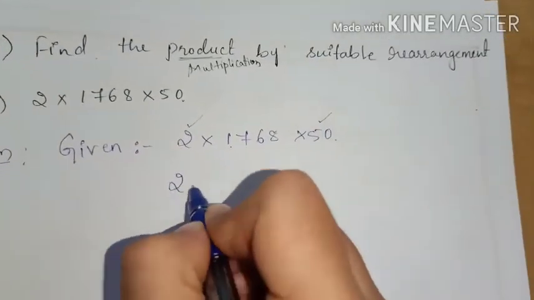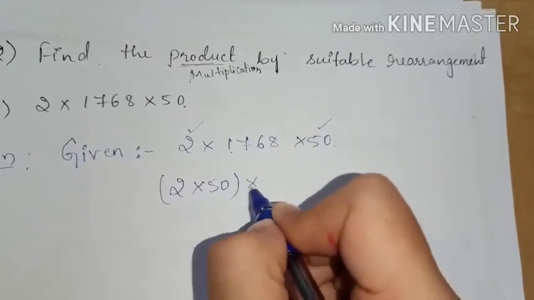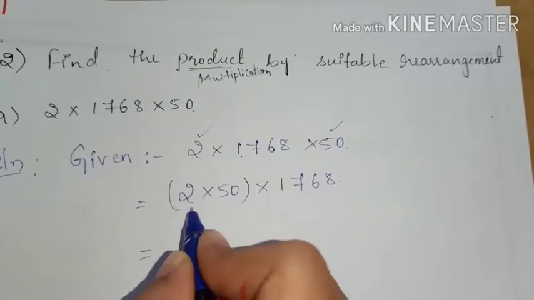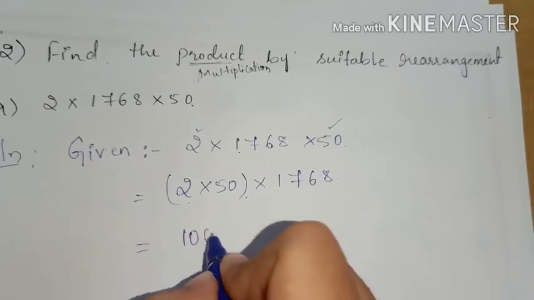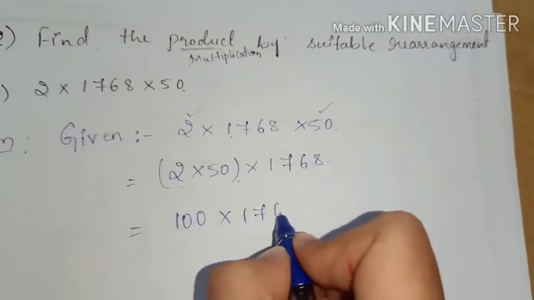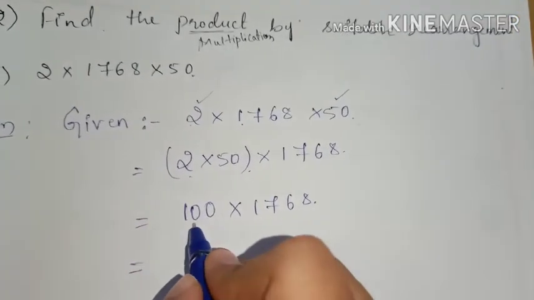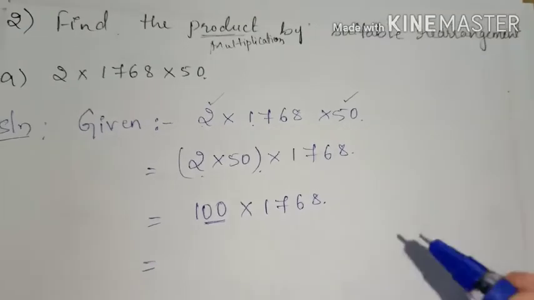So consider 2 into 50 first and then multiply with 1768. So 2 times 50 is 100, into 1768. Now it is easy. Whenever zeros come, that is very easy to multiply, right?